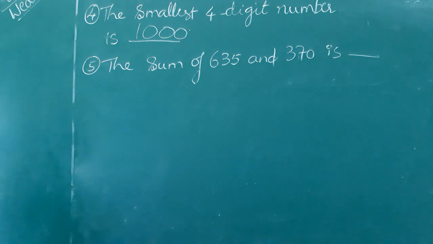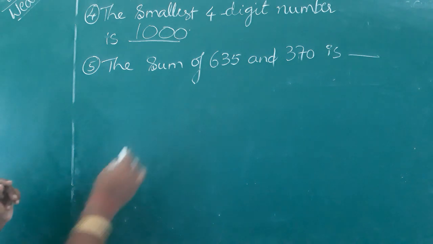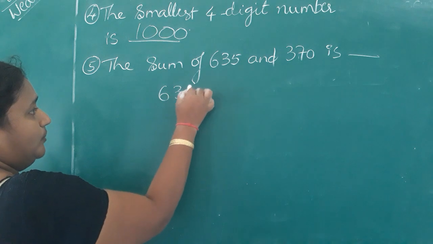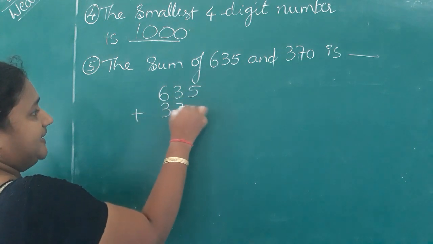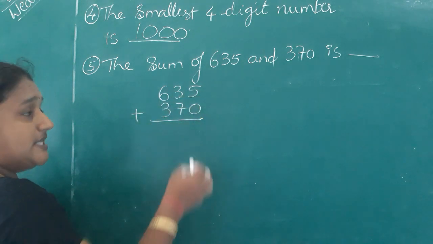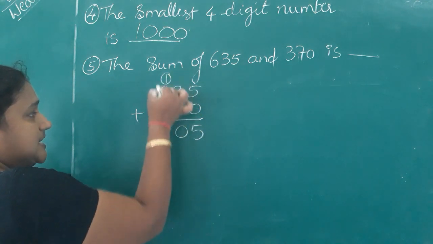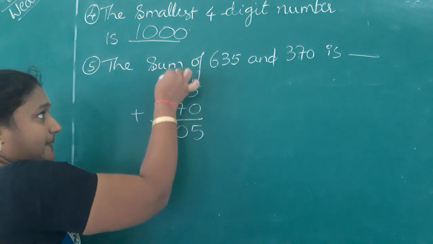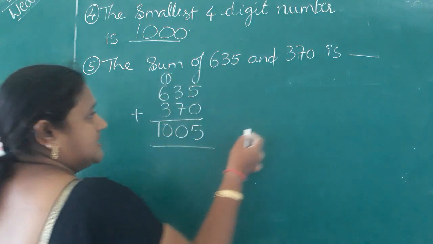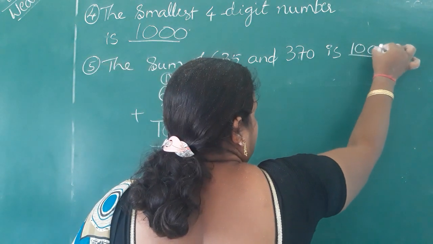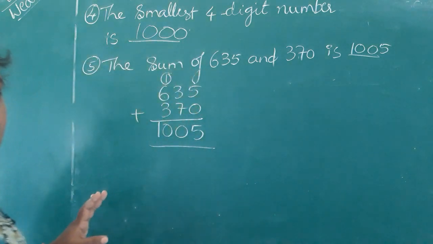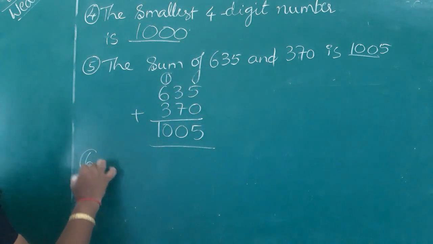Sum means by adding, what you will get. So 635 plus 370. 5 plus 0, 5. 3 plus 7, 10. Write 1 here. 6 plus 3, 9. 9 plus 1, 10. So the answer is 1005. Next one.